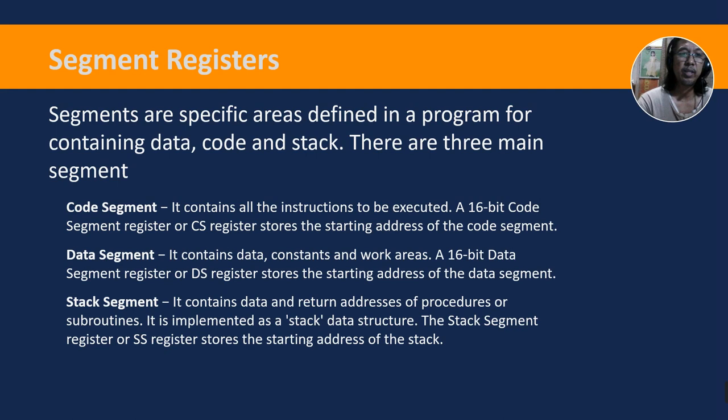Actually, it is already predefined when you open an EXE. But if you are only doing a COM, which is what I am using in all the other examples that I have, you don't have to define the code segment, data segment, and stack segment. It is being taken care of by your operating system.